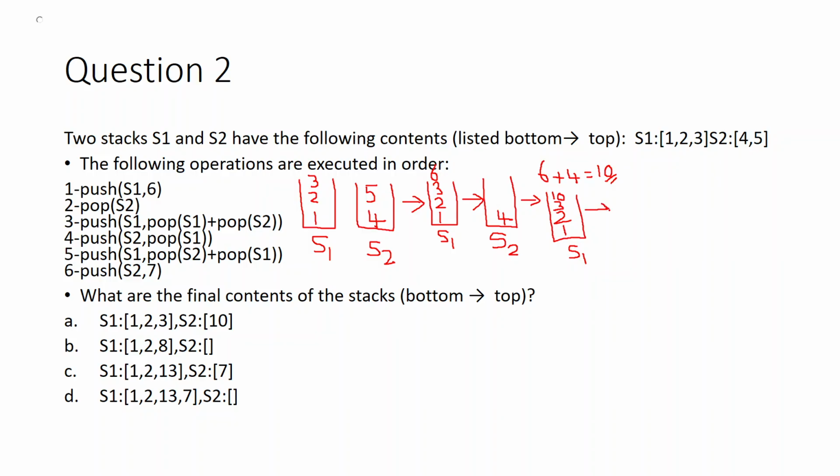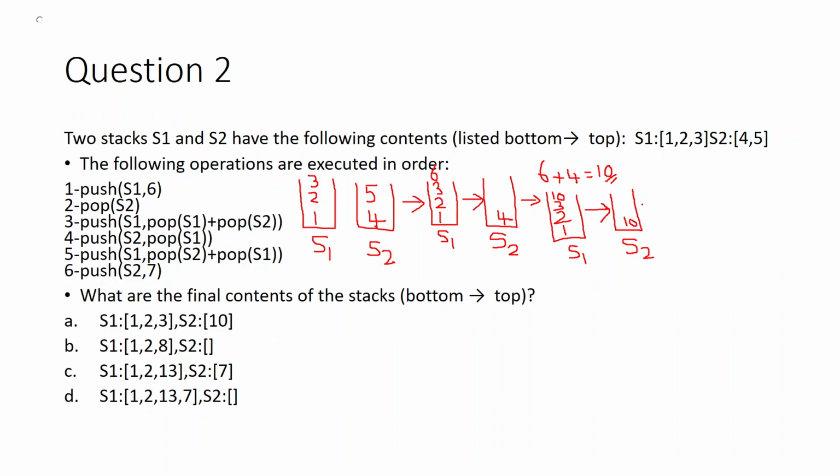The next, fourth operation: first we need to pop S1, that is 10. Then this 10 is to be pushed onto the stack S2. Already the 4 got popped, so S2 is empty; we push this 10 onto the stack S2.